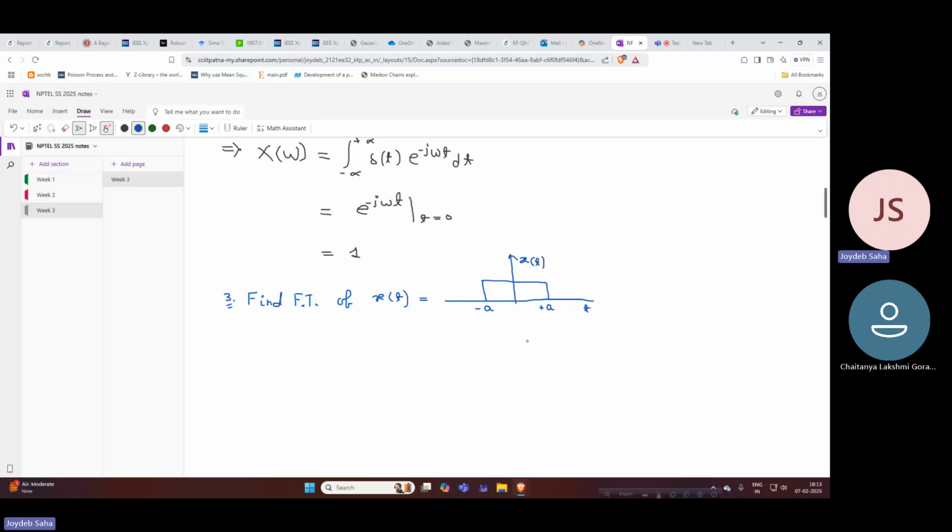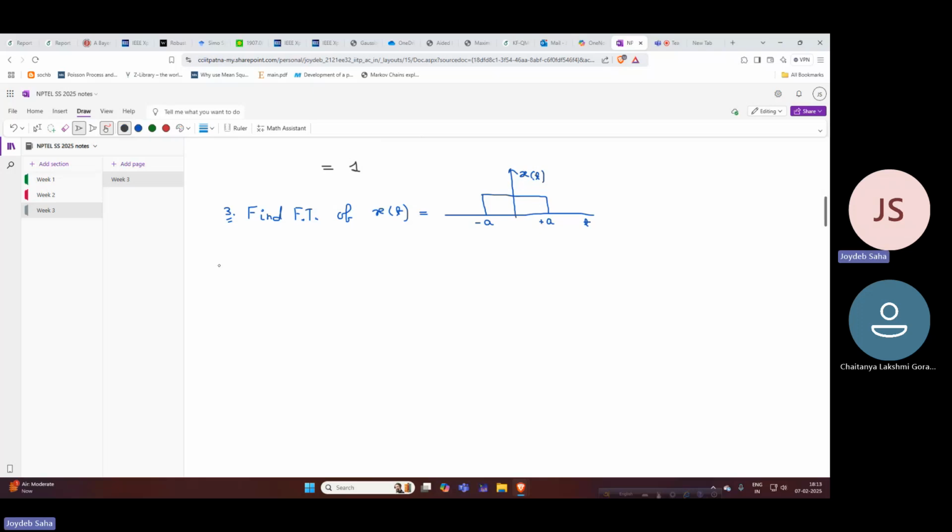Okay, so if we write the value of x(t), then we will get x(t) is equal to 1 for minus a less than t less than plus a. And for any other value it is 0.